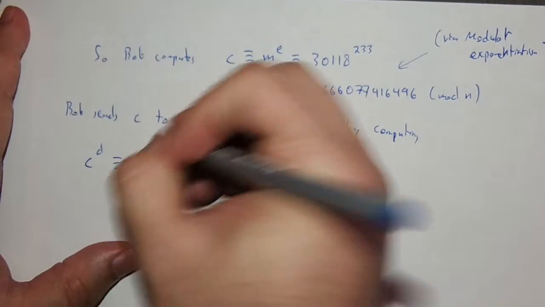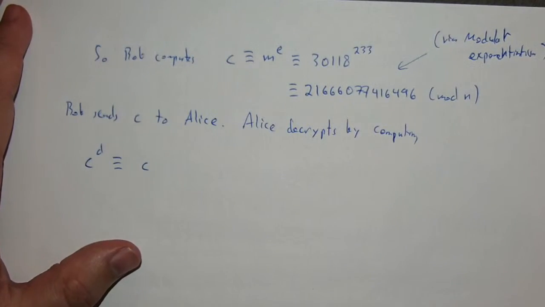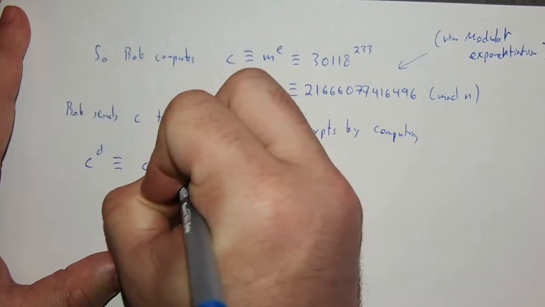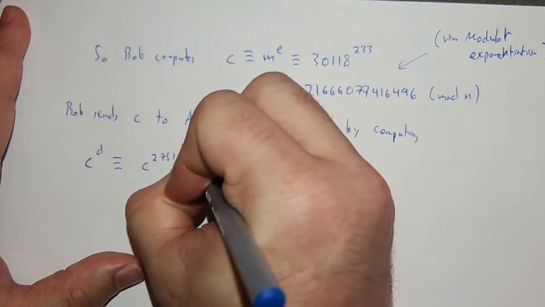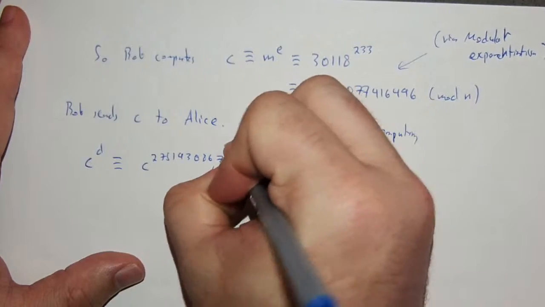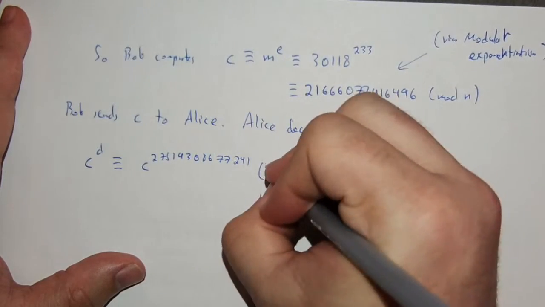So that's C to my number D, which is also really long. So 27519 123.08677.241 mod n.